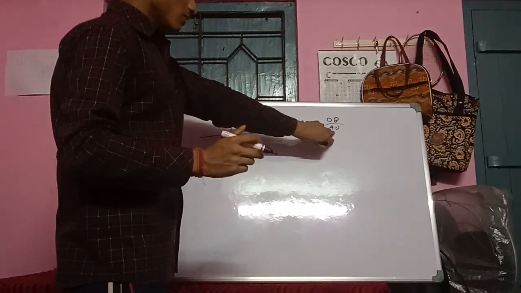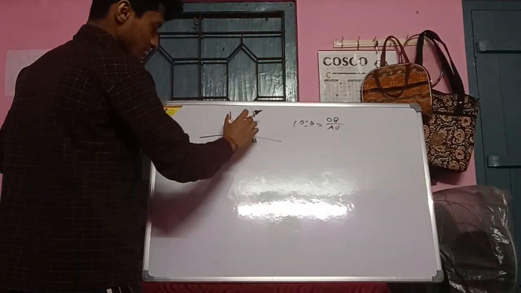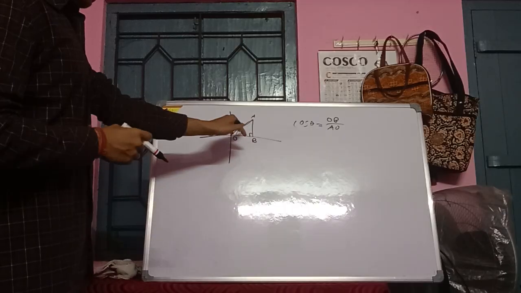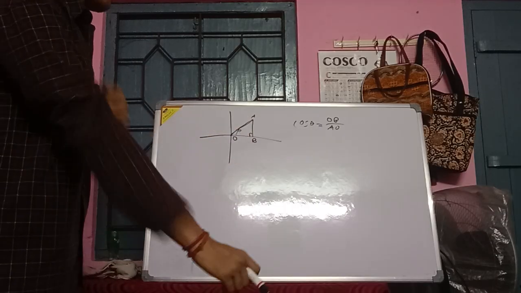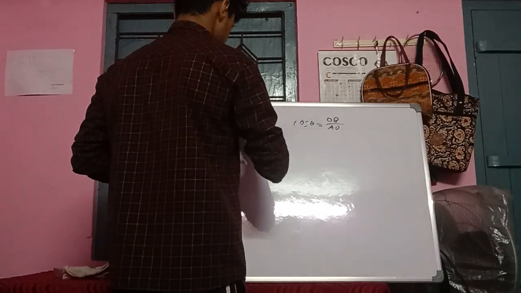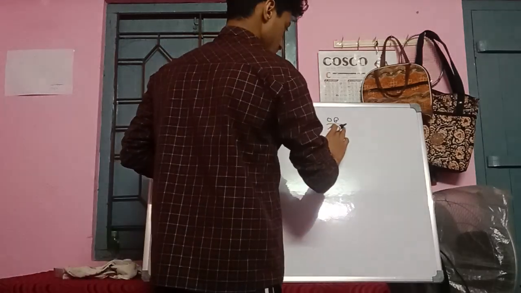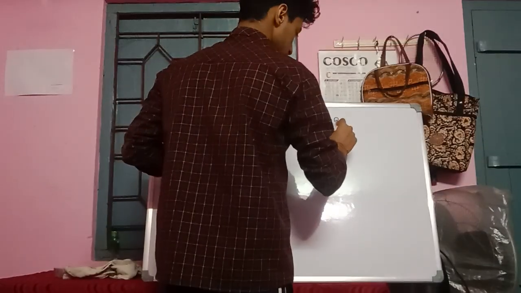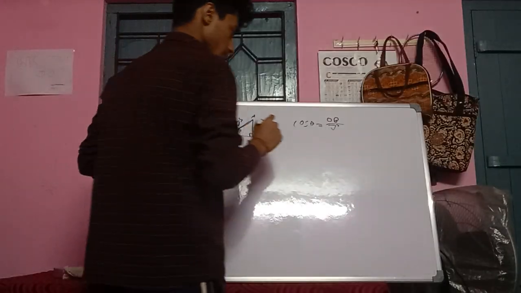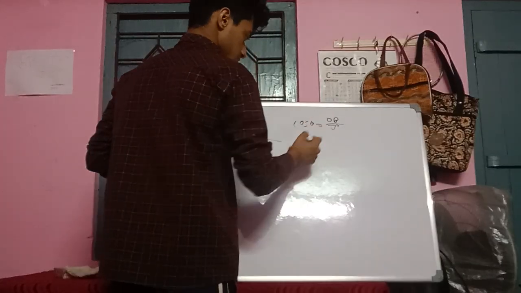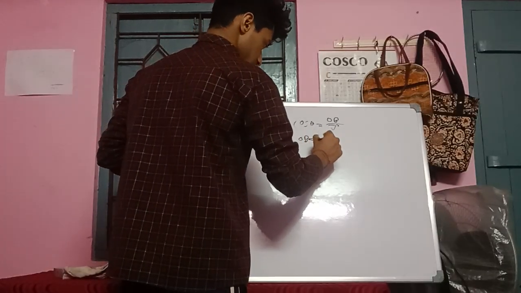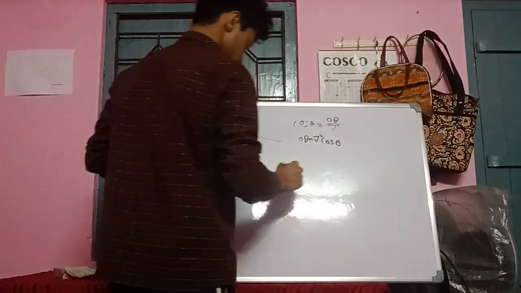Now, since AO is the length of this line, and this line is indicating a vector, and we are naming this vector V, instead of writing down AO here, we are going to write down V vector. Okay. Now from this equation we can get that OB equals V vector cos theta. Okay.